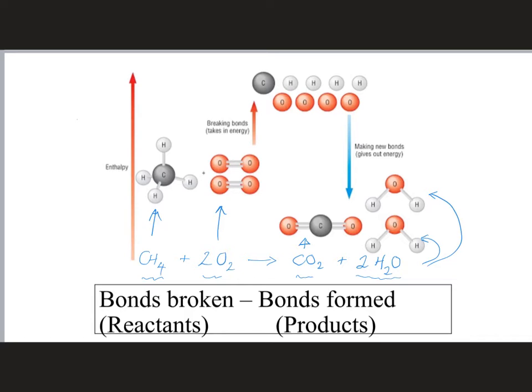So let's see how we get from the reactants to the products using the energy level diagram to explain what's happening to the bonds. So in any chemical reaction, as we know, the first thing you need to do is break apart the bonds that exist between the atoms of the reactants. And for that we need to put energy in.